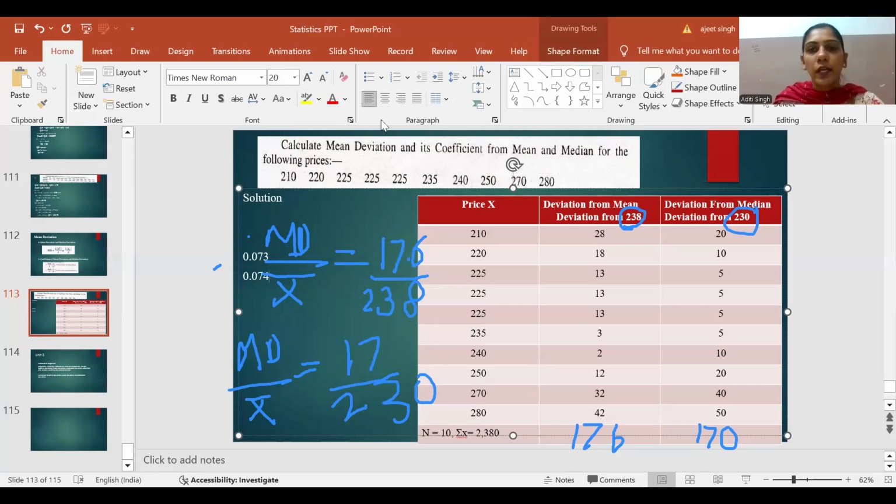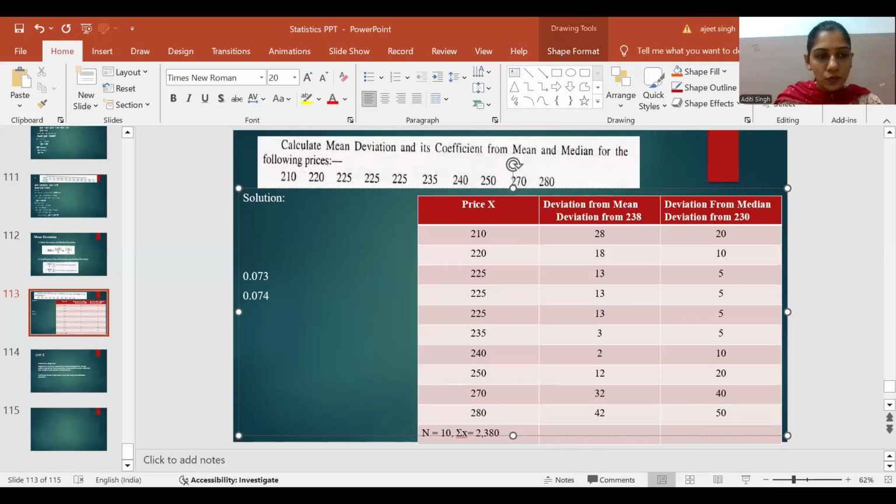So if we write all the answers, the mean deviation is equal to 17.6.